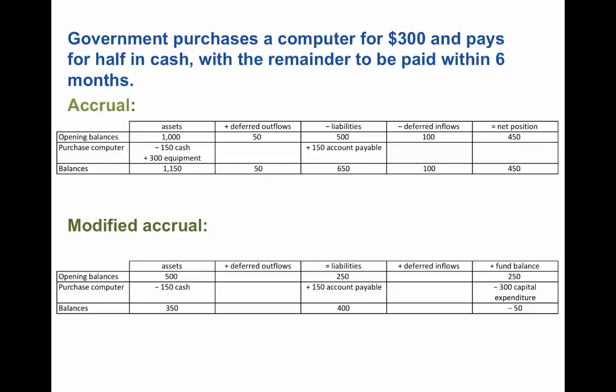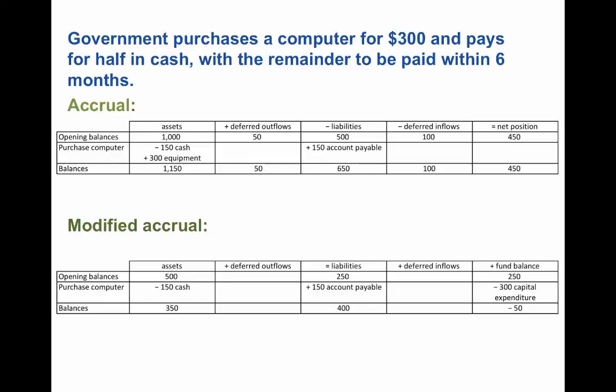Now, you might look at these and say, which one is right? Well, they're both right because they're looking at different things. Accrual is looking at things from a much longer term perspective. From an economic perspective, this government is in exactly the same position it was before. It's purchased some equipment it didn't have before, but it's also surrendered some cash and made a promise to pay, so economically, it's still in the same place.